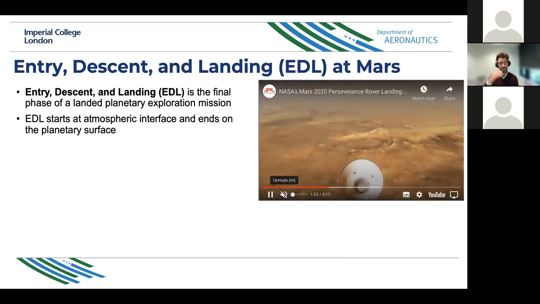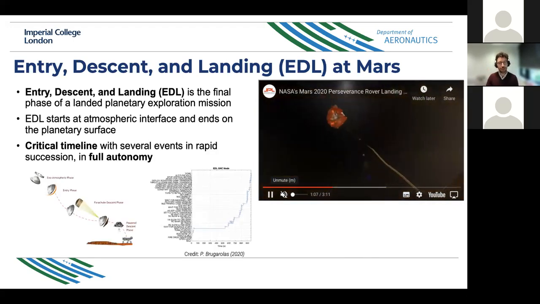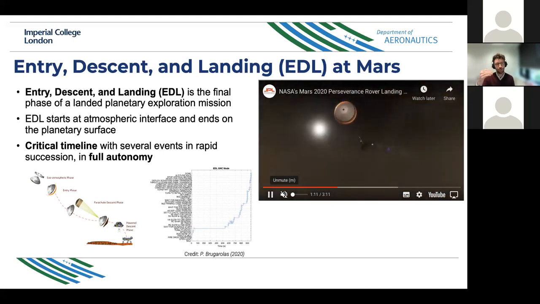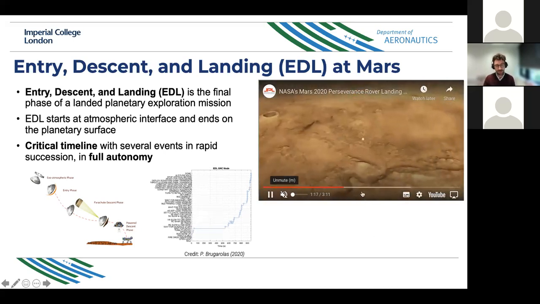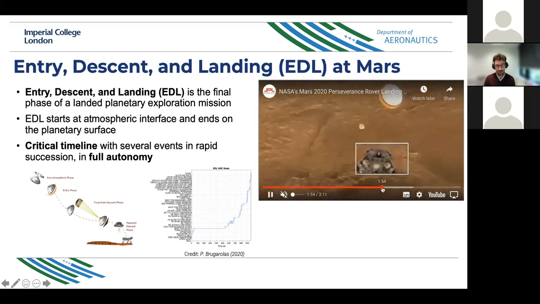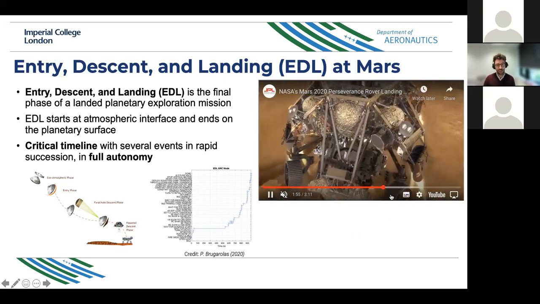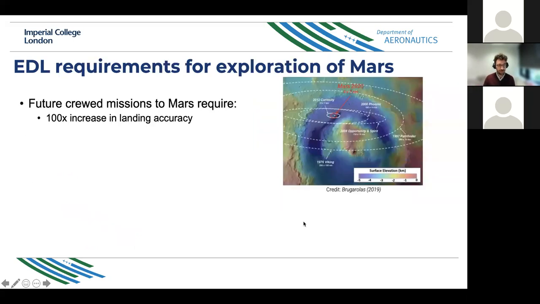And since there is a light time delay, we need to have a lot of events that happen on the spacecraft, all in rapid succession, and this has to happen in full autonomy. There's simply no time to send commands from the ground. You can see here, for instance, that for Mars 2020, we have deployment of a parachute, and then a sky crane, which uses rockets to deploy the rover. All of this, of course, is very complex, and it's a very delicate phase of the mission.